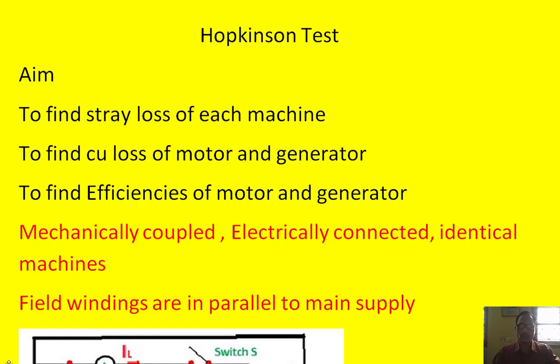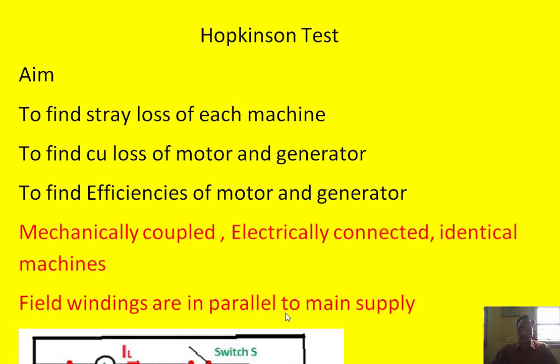To overcome those, there is a test called Hopkinson test, and here our aim is to know the stray loss of each machine, the copper loss of each machine, and the efficiency of each machine.